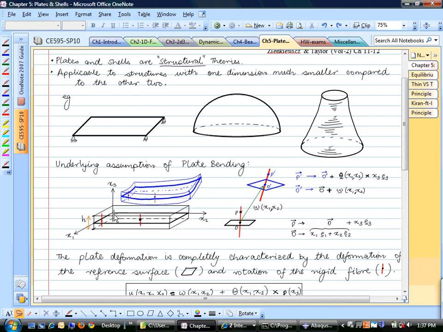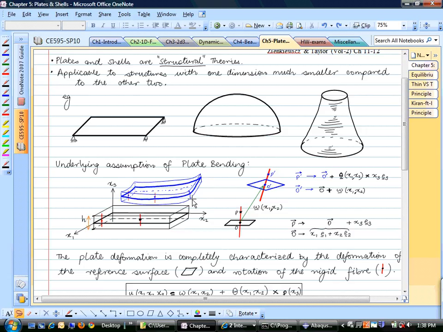Just like in the beam theory, where we assume that the cross-section remains rigid, in plate theory and in shells, we assume that this needle-like object remains rigid. So at least theoretically, the way to see this geometrical object is that you have a surface and there are lots and lots of needles sticking out of it. And these are rigid needles.